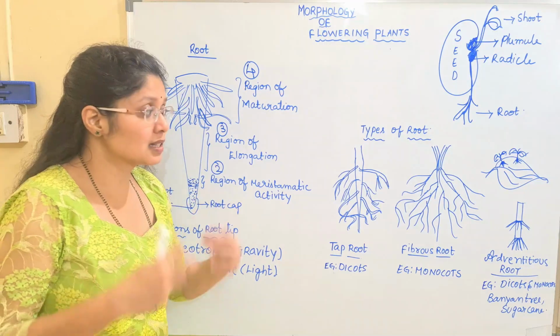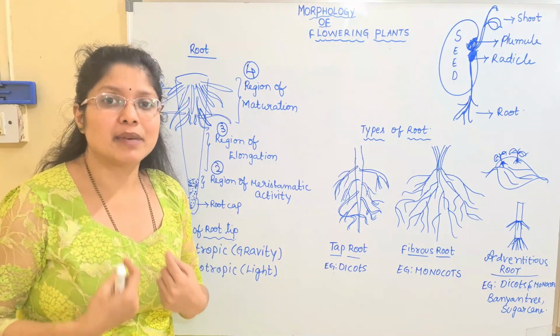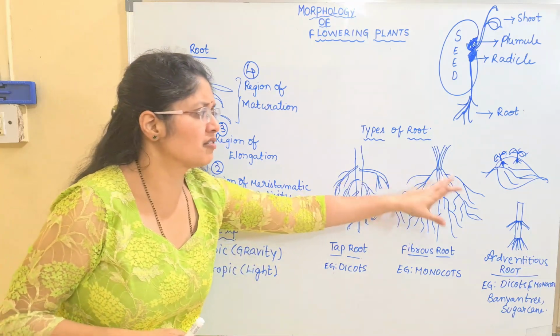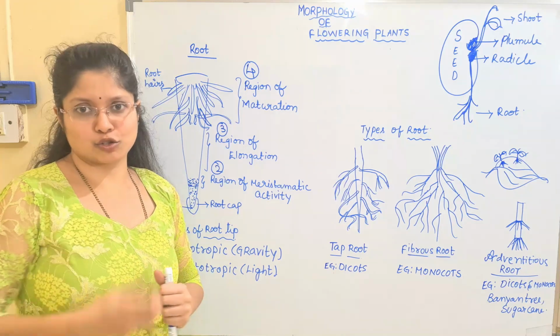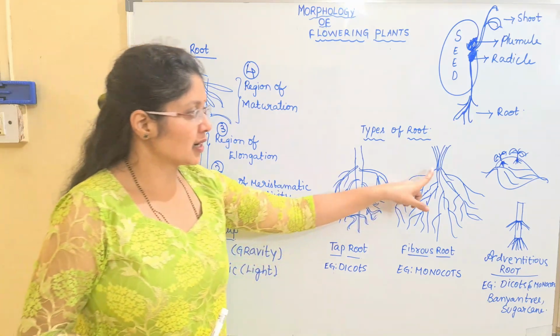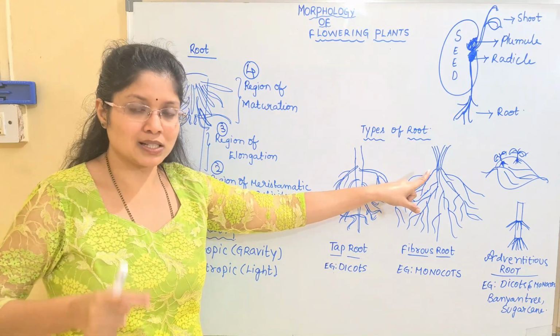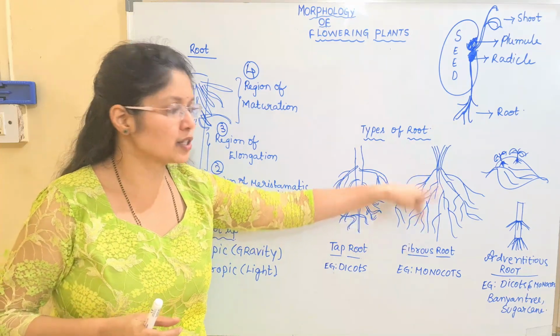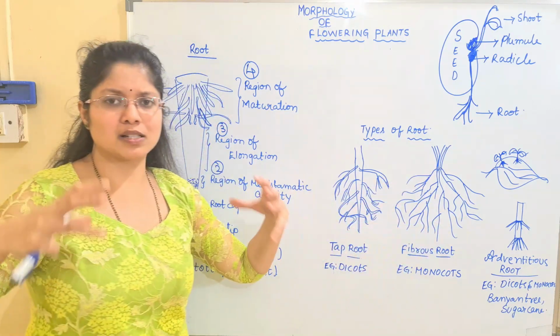Once the primary root is completely removed, it will be replaced by numerous fiber-like, hair-like structures which are known as fibrous roots. Generally, the radicle will produce the main root. Once the main root is established, you can see numerous fiber-like roots, a bunch of fibers attached.